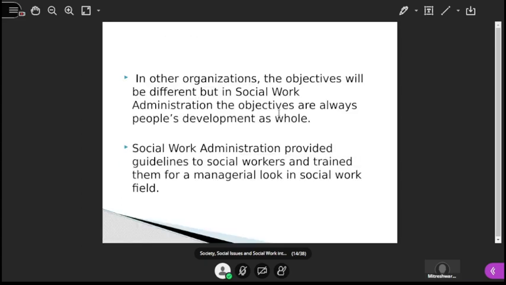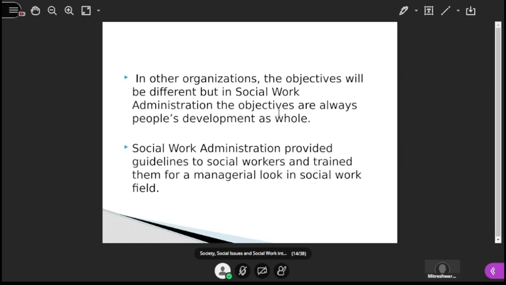So in other organizations, the objectives will be different, but in social work administration, the objectives are always people's development as a whole.